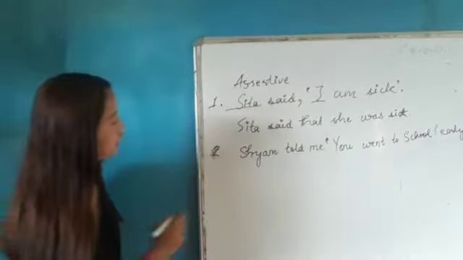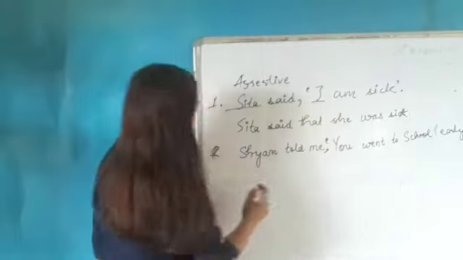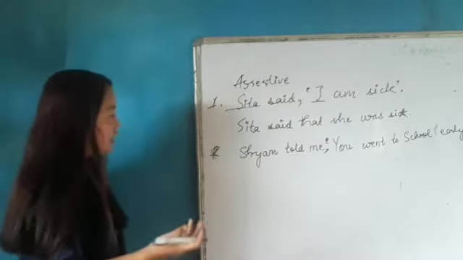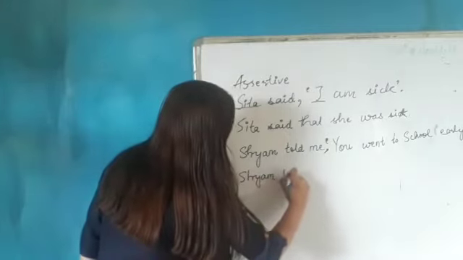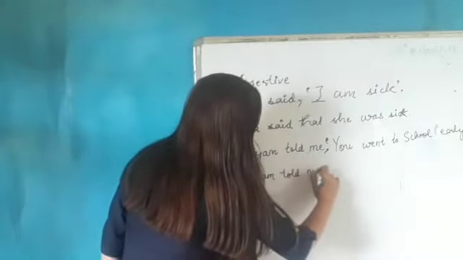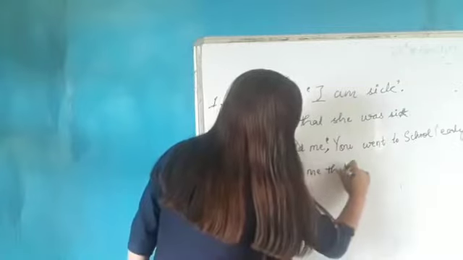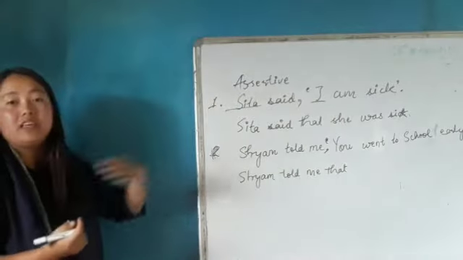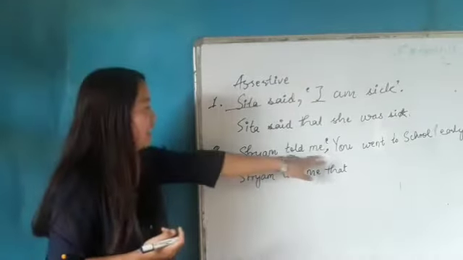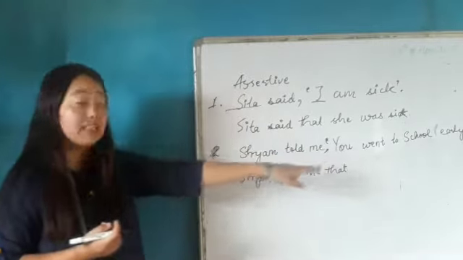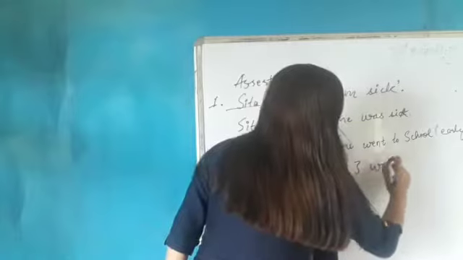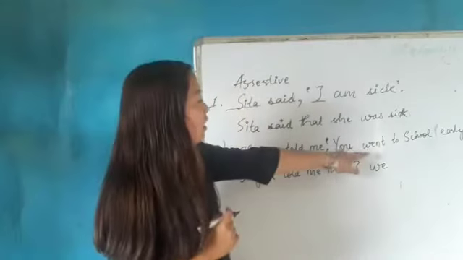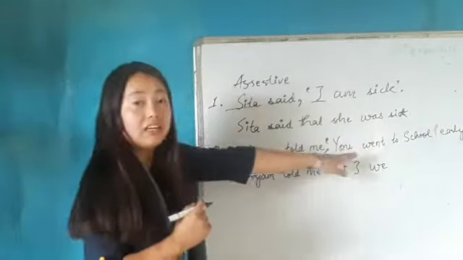Sam told me, "You went to school early." Now, when we are converting into indirect speech, again the same thing. Sam told me that. Since Sam is speaking to me, in place of you, I will be writing I. Sam told me that I. You don't need to change the verb, because it is already in the past tense.